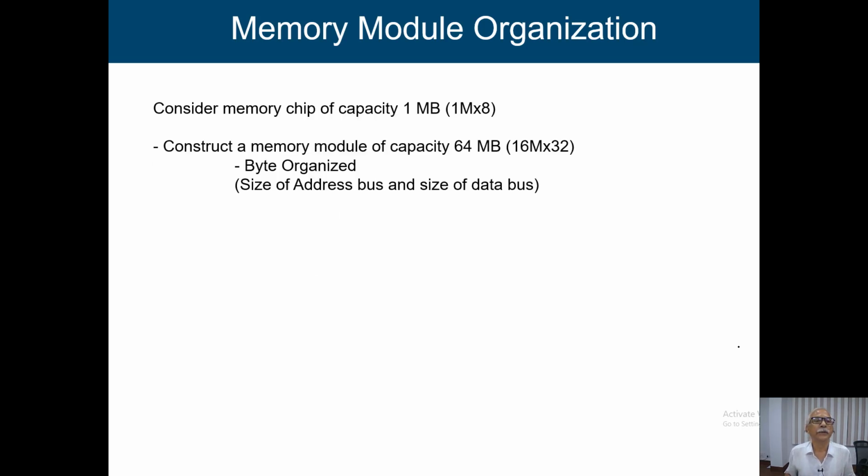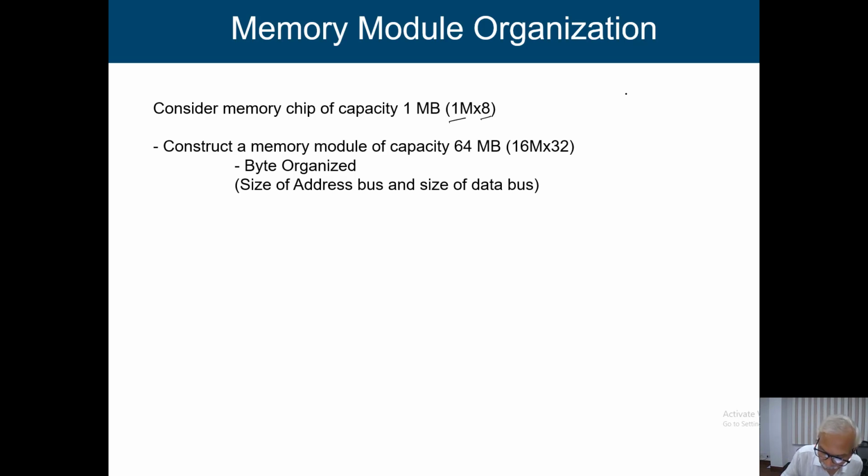Now here we are having another one, the same thing. Consider a memory chip of capacity 1 megabyte. Okay, it is 1 mega memory locations and everywhere I am having 8 bits of information because 1 byte is equal to 8 bits.